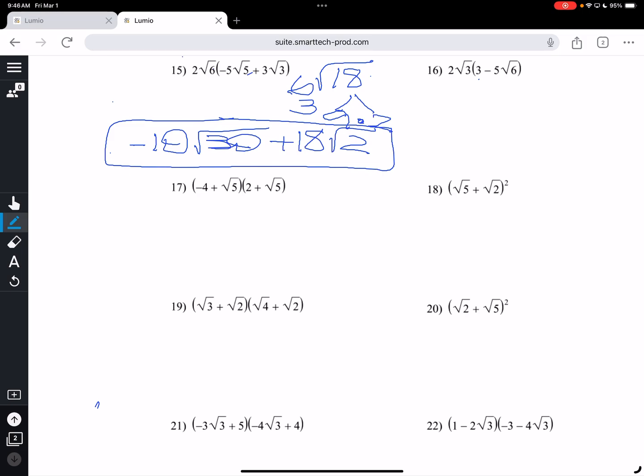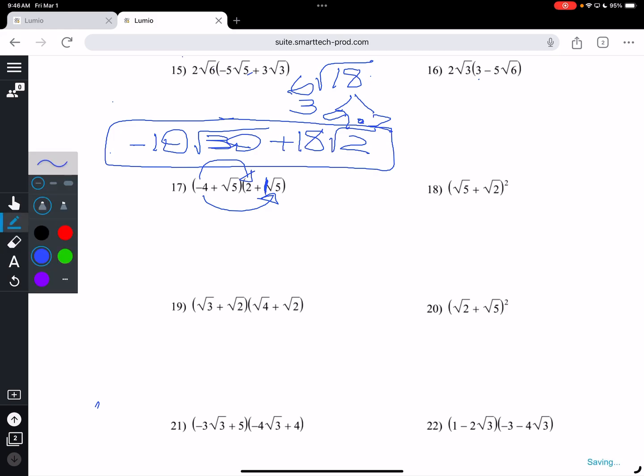So we remember to go first. For 17, negative 4 times negative 2 times positive 2. We get negative 8. And then outer, negative 4 times, and there's a 1 in front of that radical 5. So what does that give us?